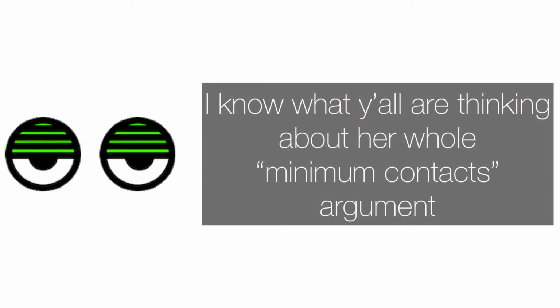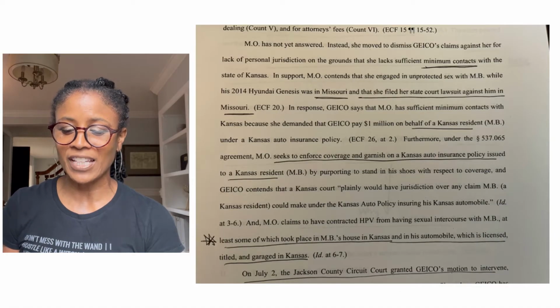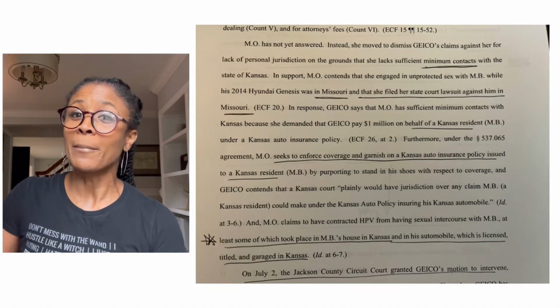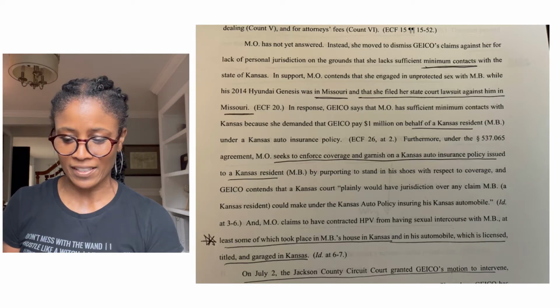All right, so after Geico files, MB files an answer. MO has not yet answered. Instead, she moved to dismiss Geico's claim. She says she lacks sufficient minimum contacts in the state of Kansas, which is, again, where I said this was. She contends that she engaged in unprotected sex with MB while in the car in Missouri, and that she filed her state court lawsuit against him in Missouri and not in Kansas.